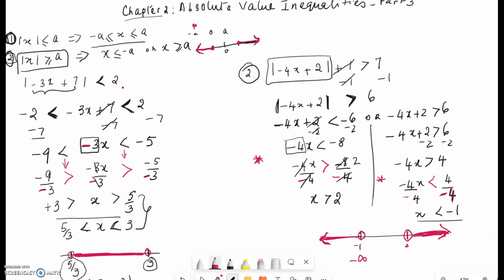So negative infinity to negative 1, always go in order from left to right. Union, leave the 2 alone, don't include it, but then everything to the right of 2 is included. So that's the solution to the inequality.